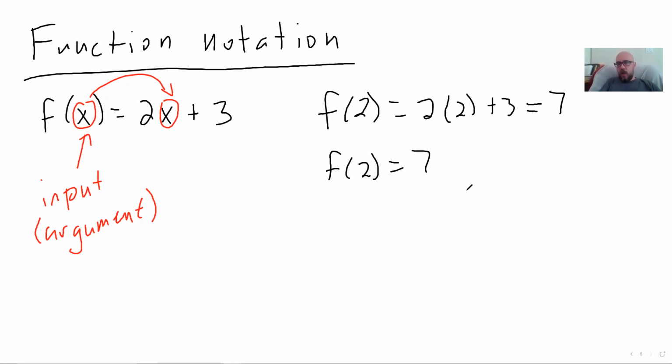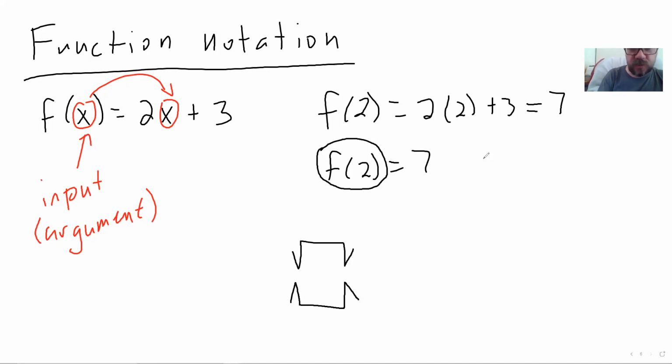A thing that people often get messed up by is the idea that this is not 2. That thing that I circled is 7, because that's the output. The name of the output is f of 2. So here's my function, my little box.